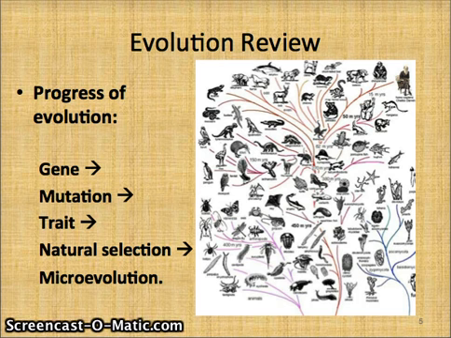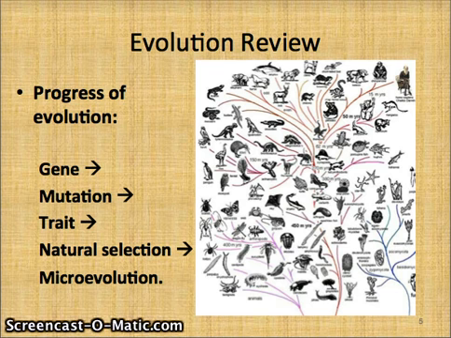Now, in order for you to have natural selection that results in evolution, three things must happen. One, variation must exist among your individuals, meaning that you can't have the same exact gene. You have to have different alleles, different mutations. Number two, those variations must cause a difference in the number of surviving offspring.